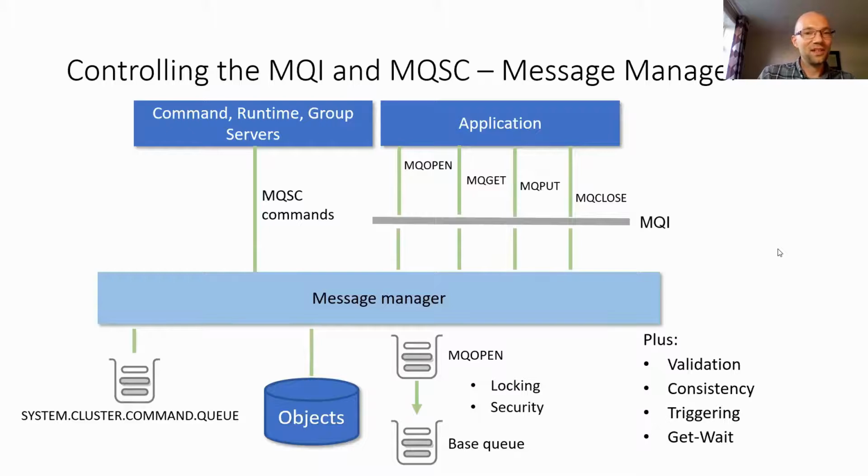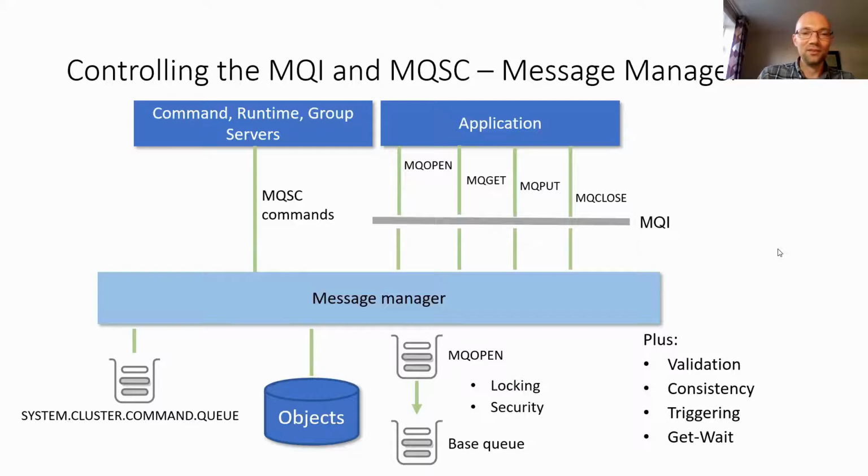Other things that the message manager does are to deal with all the MQSC commands. So these are the commands that can be issued from various sources in order to do things like define, alter, delete objects such as queues, name lists, processes, and so on, all the objects that you can define in the queue manager.